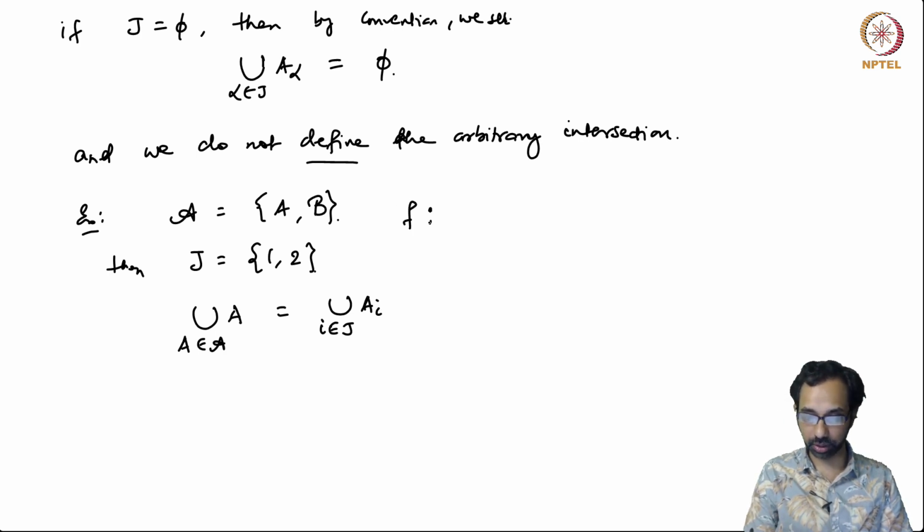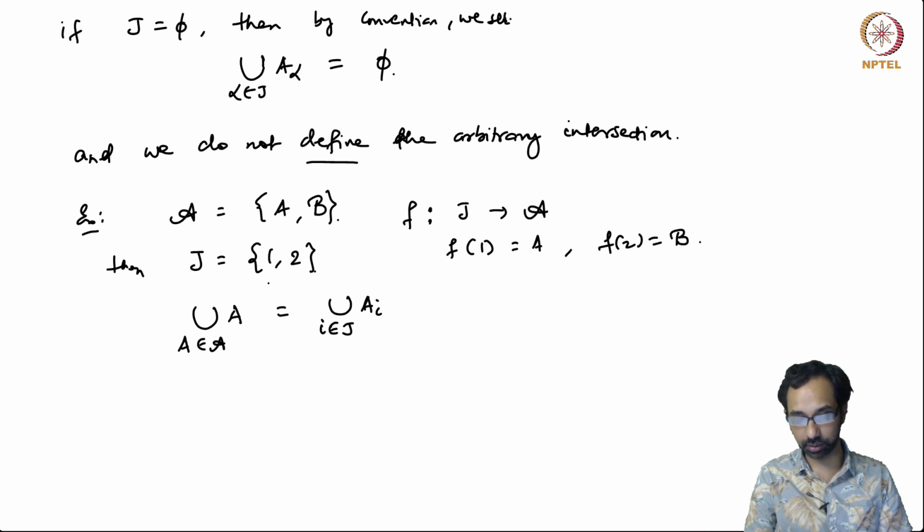Note that your function here from J to this collection A can be defined as f(1) equals A and f(2) equals B. This is what indexing means.